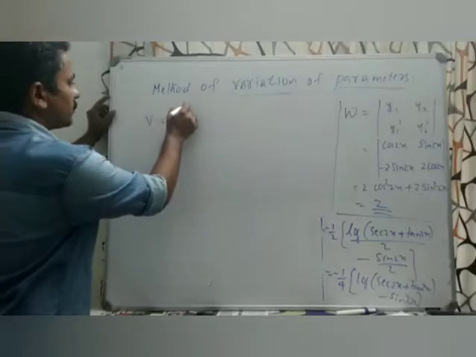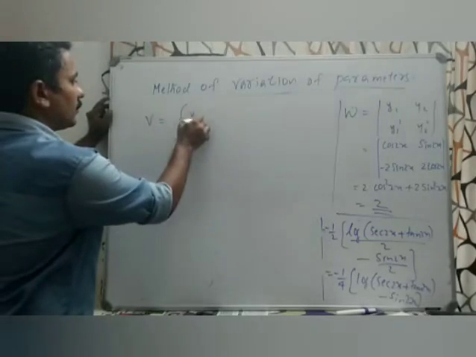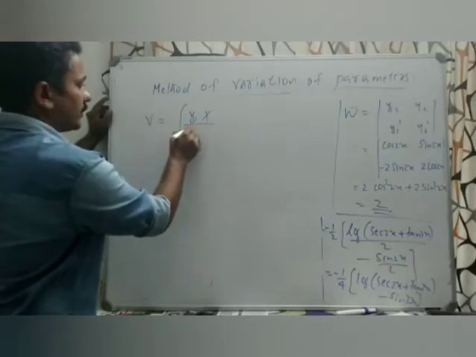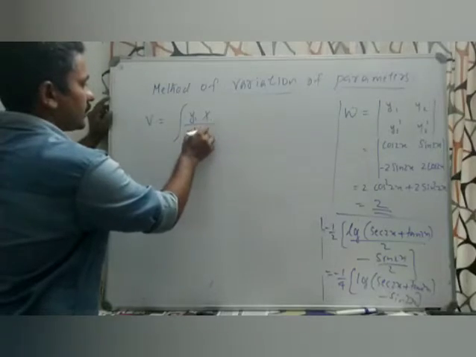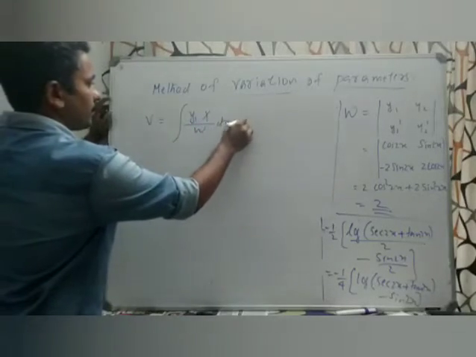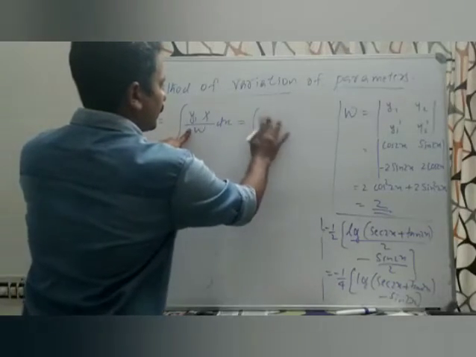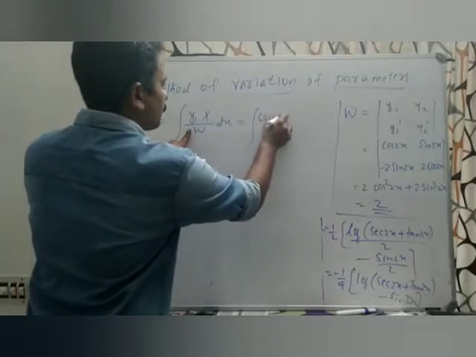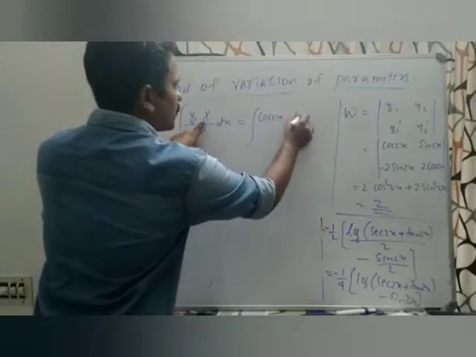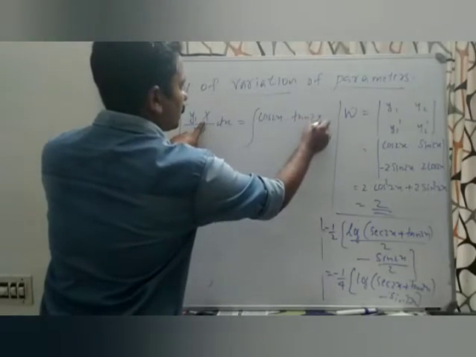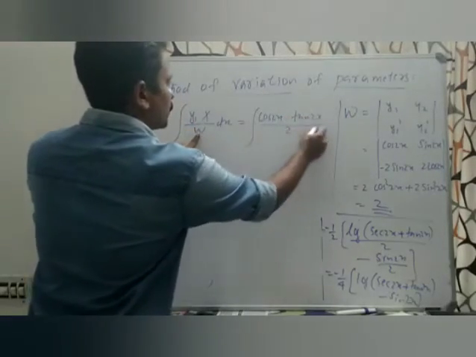And v is equal to, this is a formula, integral y1 x over w dx. That is integral. Here y1 is cos 2x, x is tan 2x, w is 2.